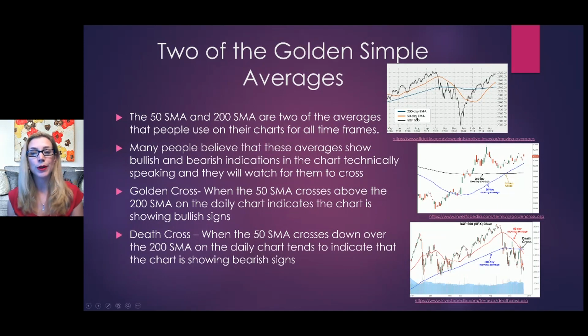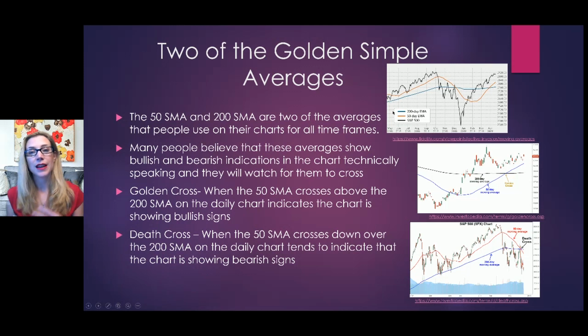The two major SMAs that you tend to see are a 50 and a 200 simple moving average. I grabbed one that had EMA, but same thing. These are going to be the simple moving averages that many people are going to look at. So this would be like a 50 simple moving average and a 200, right?